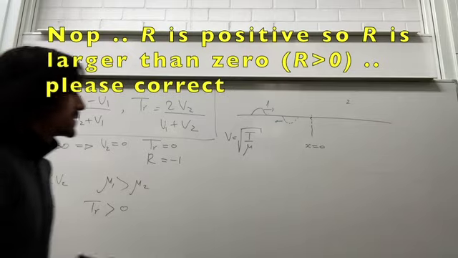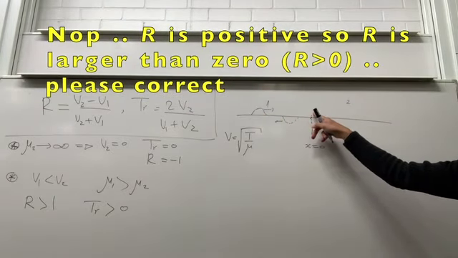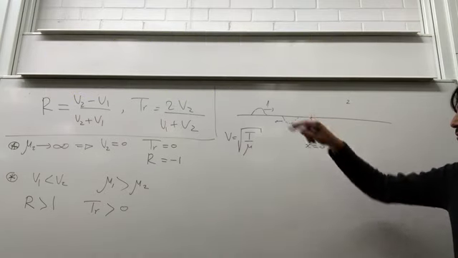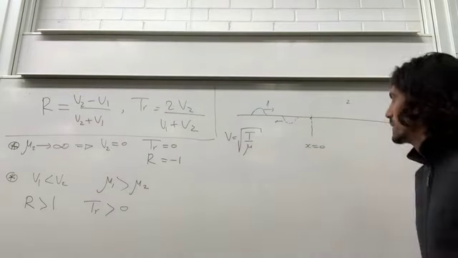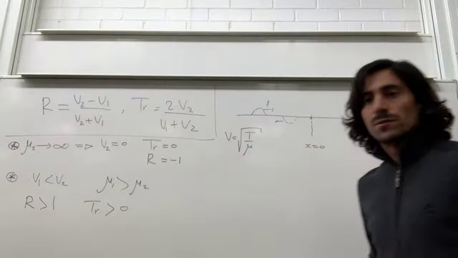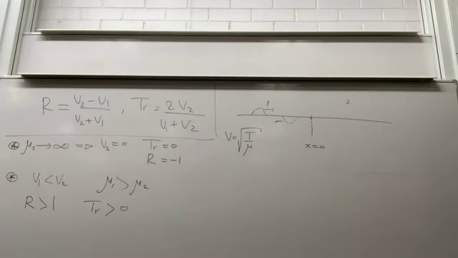Which means that you're sending a mountain now here, and it returns also a mountain. A different amplitude, but it would return a mountain as well. And it would transmit also something, which is also a mountain, because they are both positive. Is this what we expect?